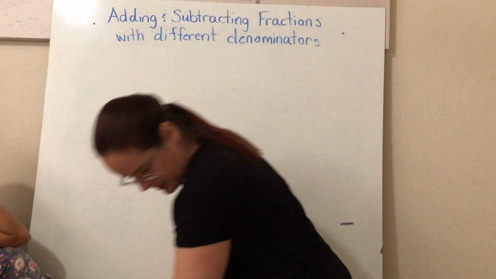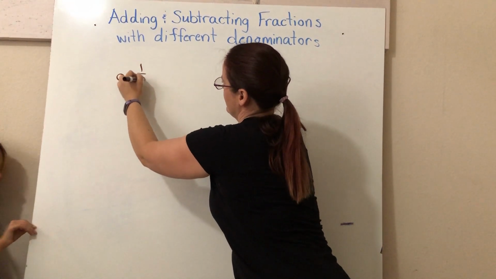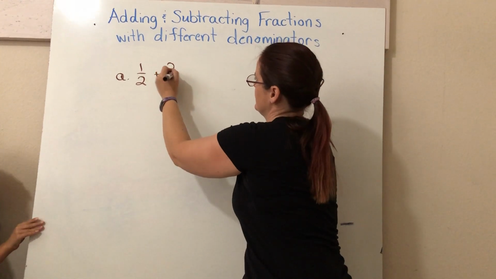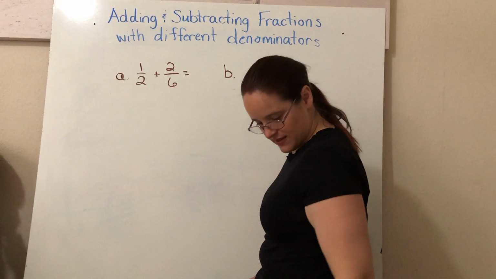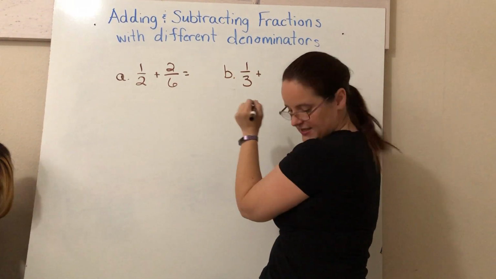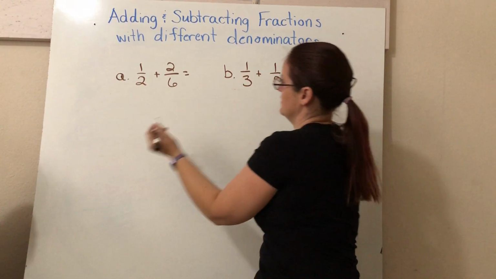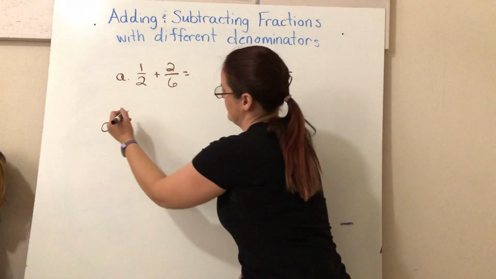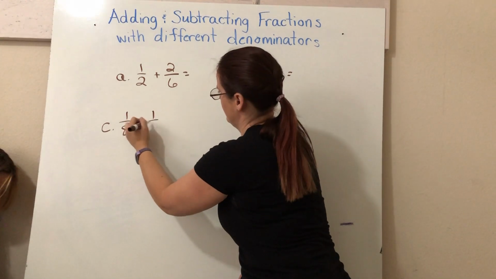So, a couple addition, a couple subtraction. We'll start with 1/2 plus 2/6. Then we'll do 1/3 plus 1/9. Then we'll do 1/8 plus 1/2.